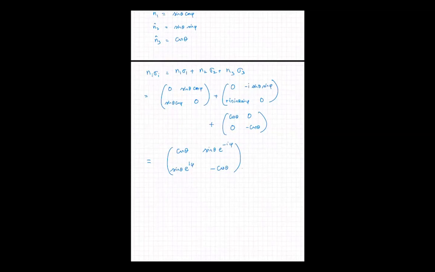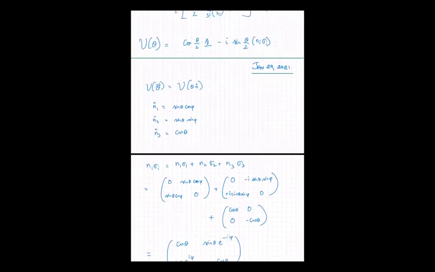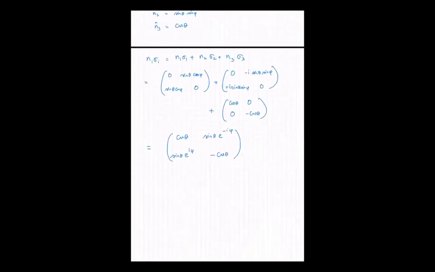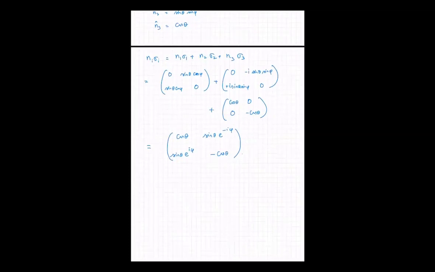So anyway, if you look at matrices like this, this is one way in which you can conveniently understand them. That is the simple point that I'm trying to make here. The other thing is about the Pauli matrices themselves.